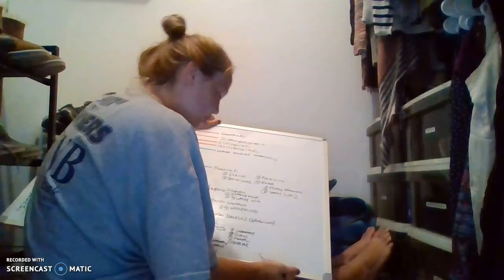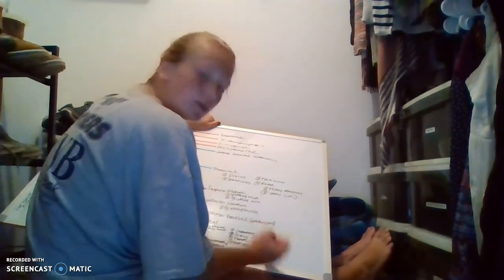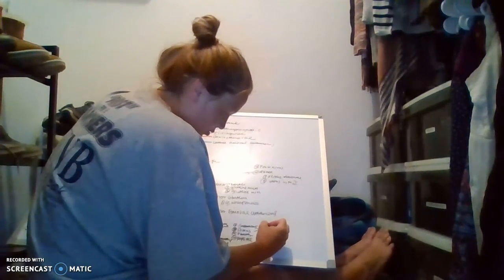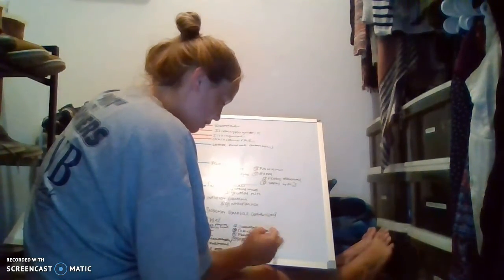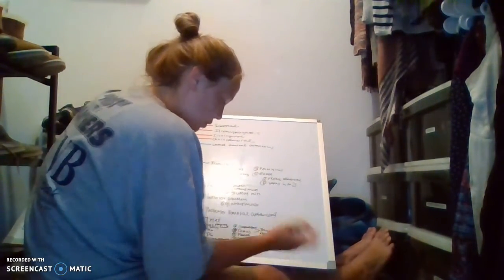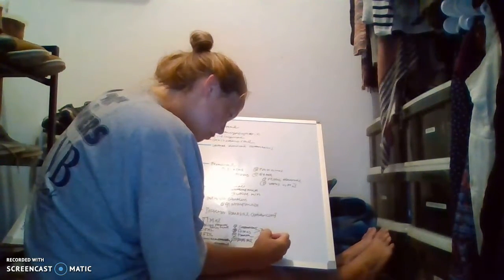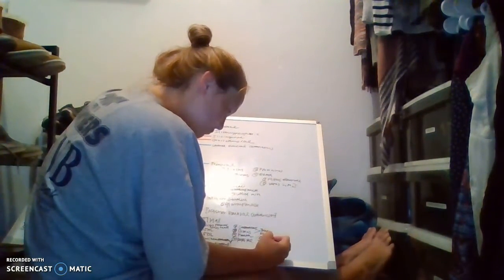Okay, so your gastrocnemius and your soleus are going to make up your triceps surae. And then your soleus and your plantaris, and technically your gastrocnemius, that's going to make up your calcaneal tendon. And then, it's like right here.